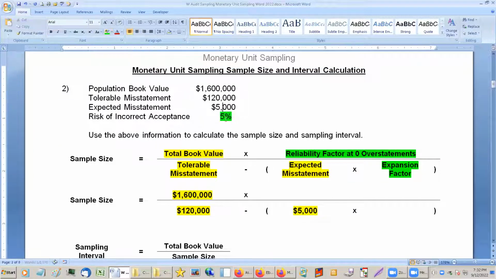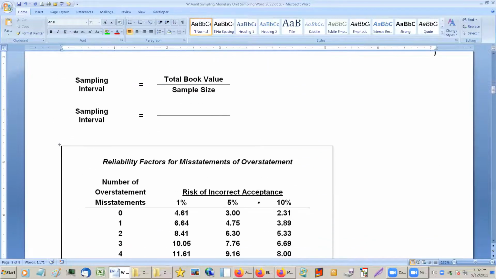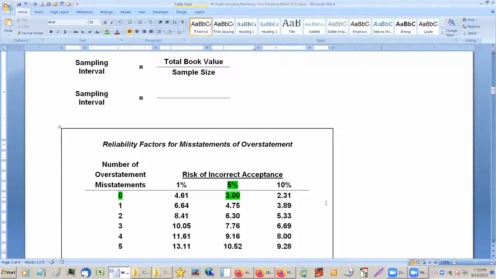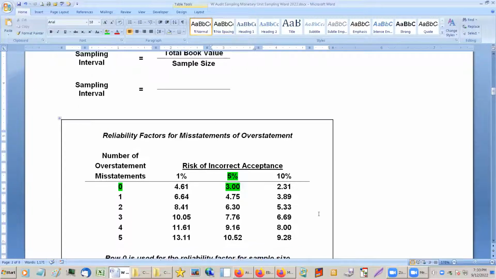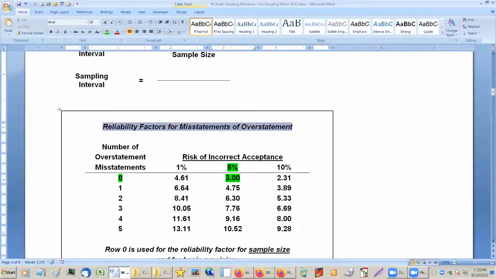One more thing. So we're auditing this at the risk of incorrect acceptance at 5%. In other words, we're going to be 95% certain, 5% uncertain. Okay, so 5% at 0 misstatements, 3. So this is a reliability factor, and we use it at 0.